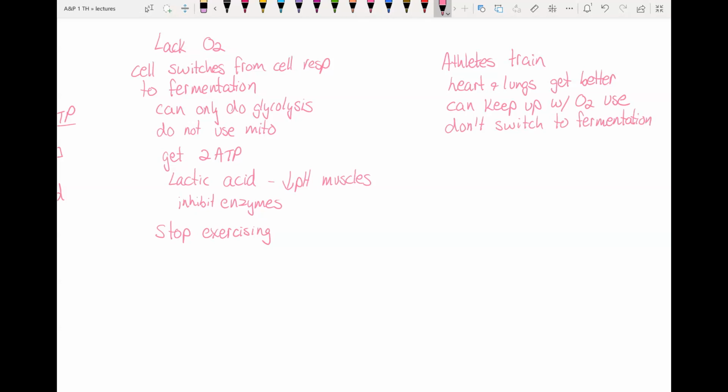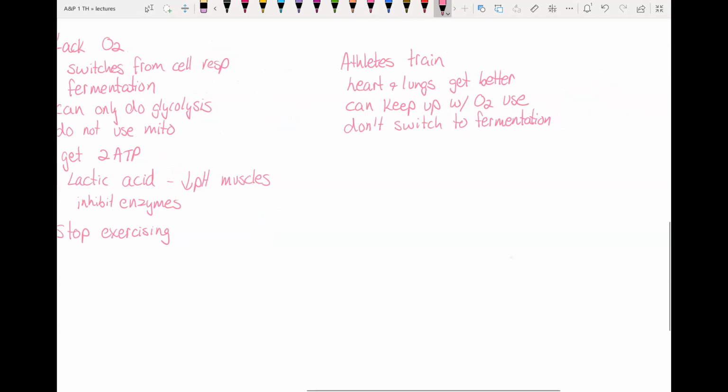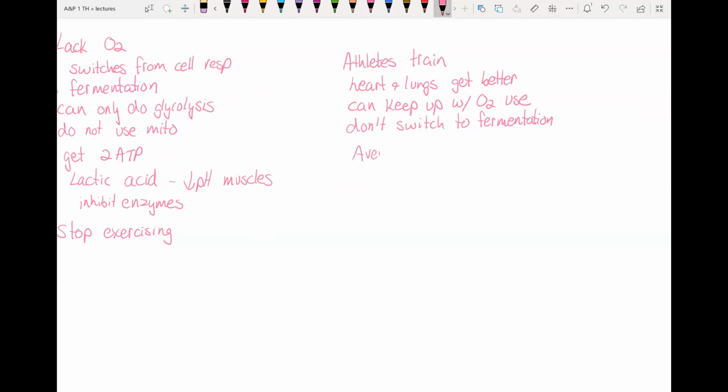And you can tell this if you know anything about athletes' heart rates. An average adult resting heart rate is 75 beats per minute. An athlete's resting heart rate can be in the 40s, 40 to 50 beats per minute.